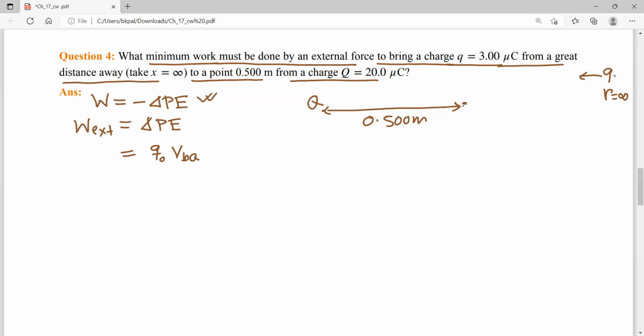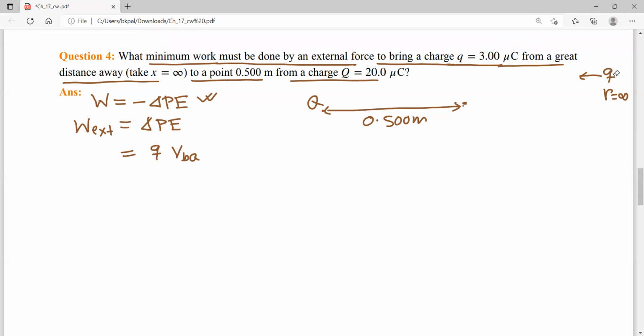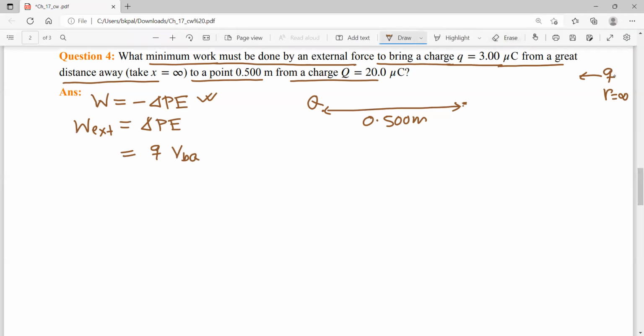Q0 here is basically q, because we are trying to bring q from a long distance to a distance of 0.500 meter from capital Q. Now what is VBA?